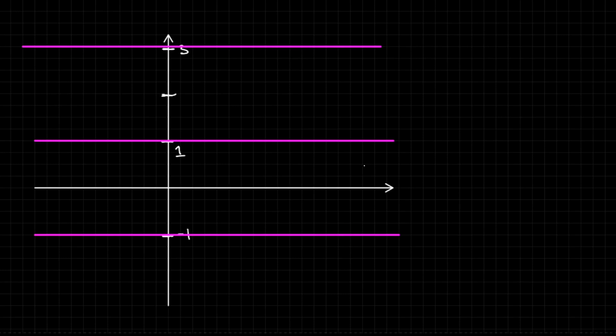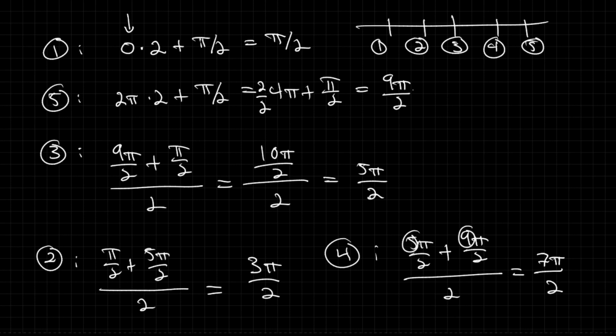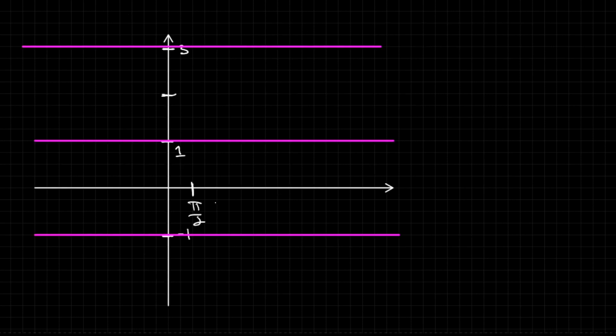We'll go ahead and put these on our graph, and we need a scaling, and so I think I'll choose this to be pi over 2. And the reasoning is because I need to go from pi over 2 to 9 pi over 2. So whatever scaling I make, I need to go to 9 pi over 2, and 9 pi over 2 is 9 of these units here, because 9 pi over 2 is 9 times pi over 2.